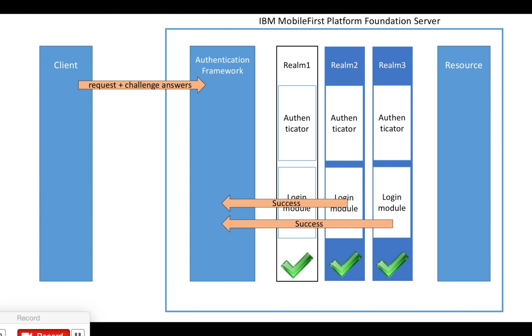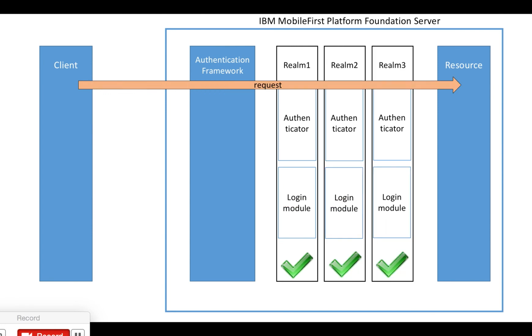Let's say this time both of them are validated successfully, so all the realms are satisfied. Only once authentication has successfully completed in all the relevant realms will the request get to the resource, and the resource will return a response.